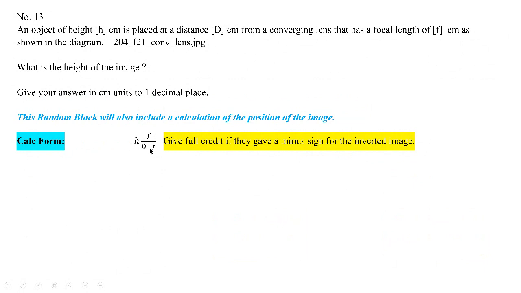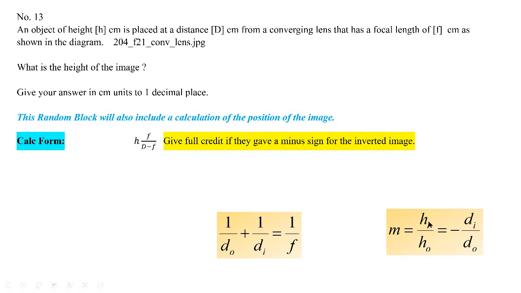So here you now say, well, the height is the same formula. I reproduce it here. So the height is di, the image distance, over the object distance, times the original height. Original height is h, and the algebra here gave f over capital D minus f. But I did not stress it, so I told the grader to give full credit if they gave a minus sign for the inverted image, because what I meant by this is, what is the magnitude of the height?